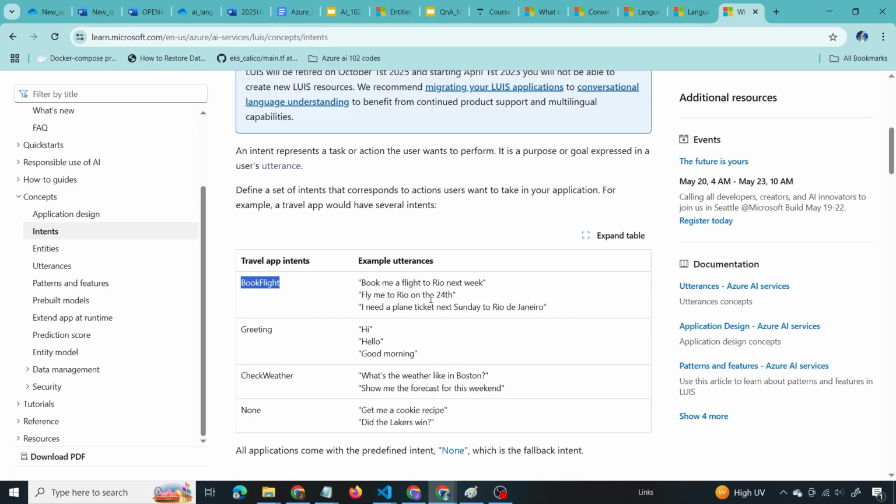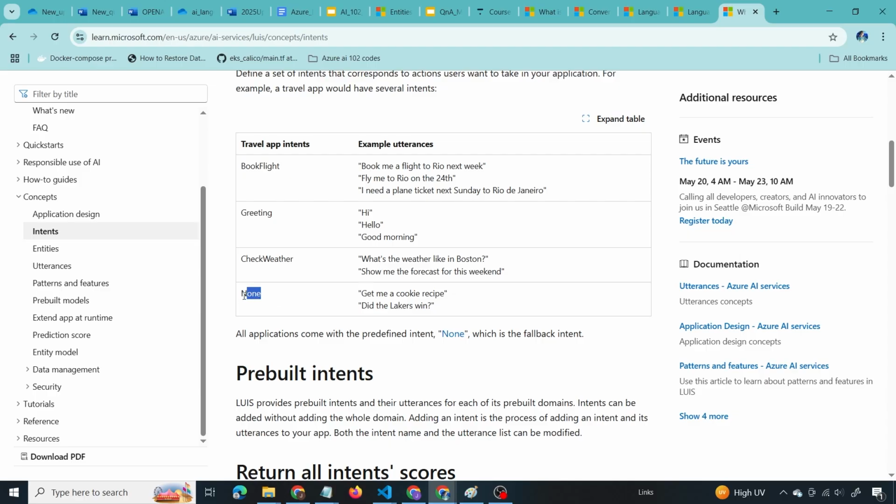Then there is the none intent, where we provide unrelated utterances. If the model is meant to book flights, utterances like buy me a pizza or get me a cookie recipe are not related to the model. Such utterances are provided in the none intent so the model can respond accordingly, like saying, sorry, I don't know, I'm not able to do this.